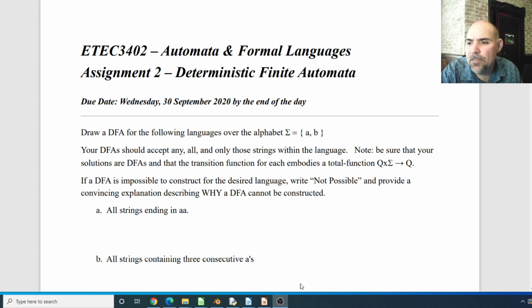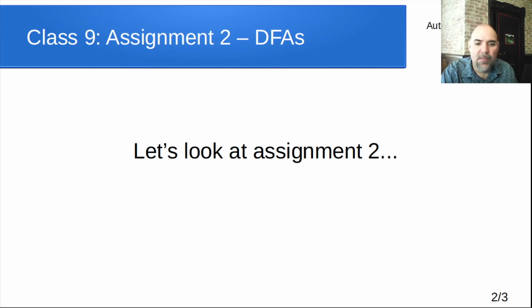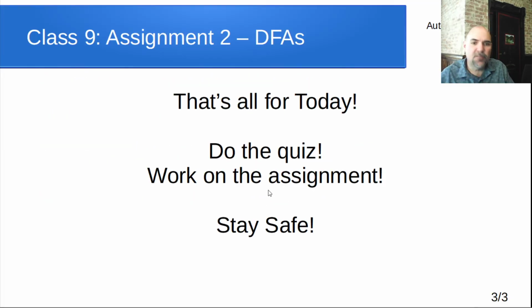And so really quickly here, let's take a quick look at assignment 2 we already looked at. So that's it. Again, take the quiz, study the Cartesian product, functions and relations, graphs, walks, paths, simple paths, cycles, simple cycles.